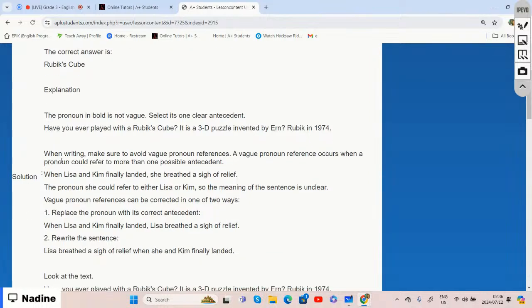And once again, when writing, we need to make sure to avoid vague pronoun references.